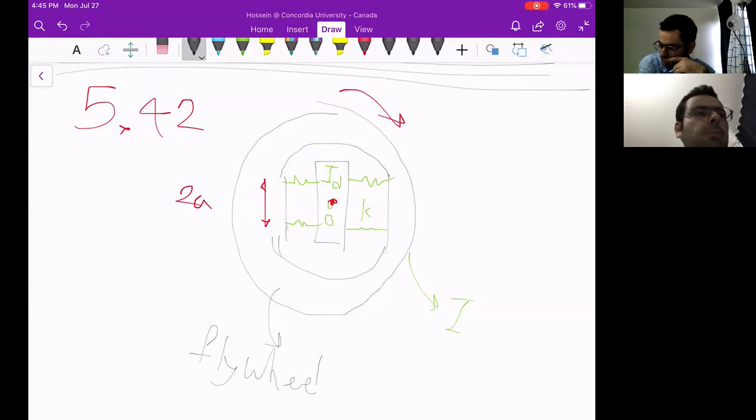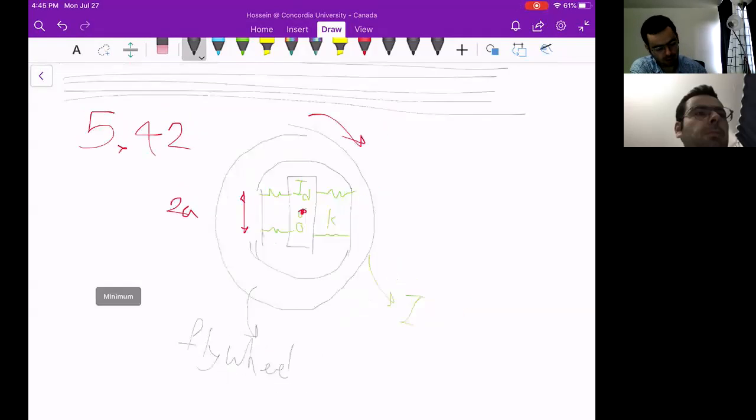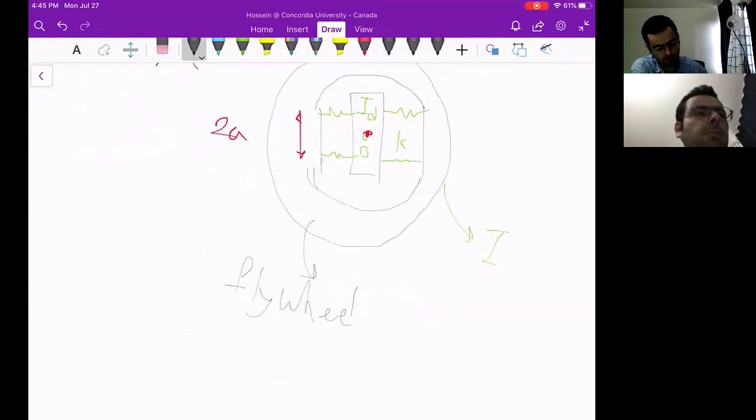Set up the differential equations of motion for the system and discuss the response of the system to an oscillatory torque. So we are supposed to find the response.